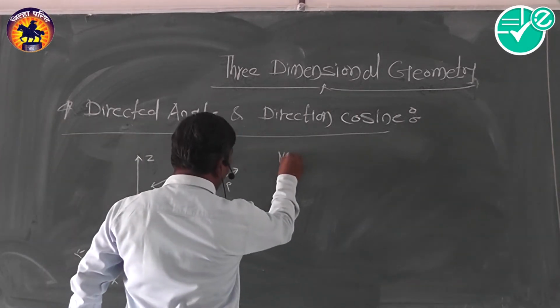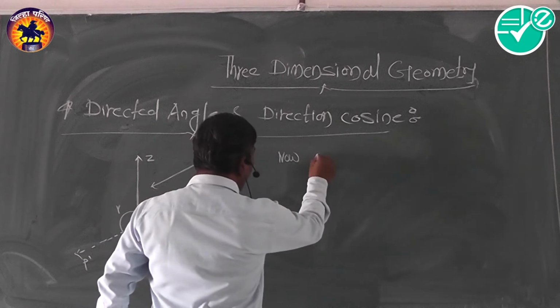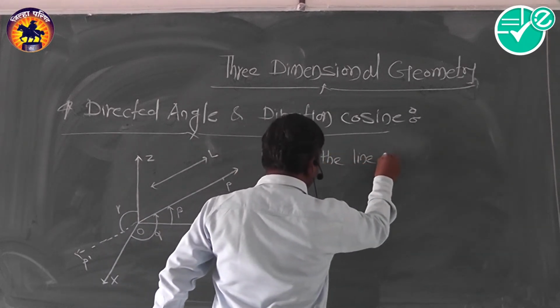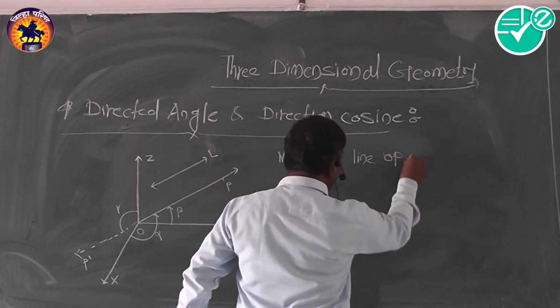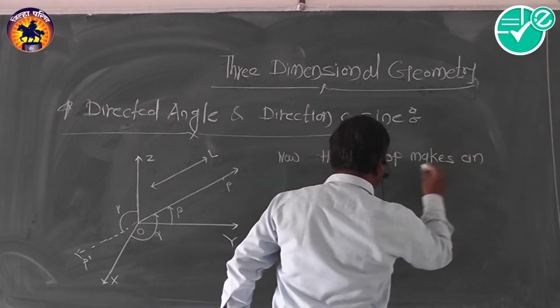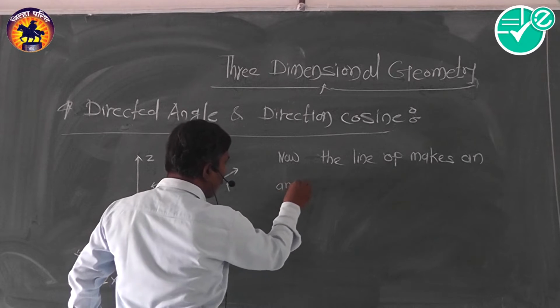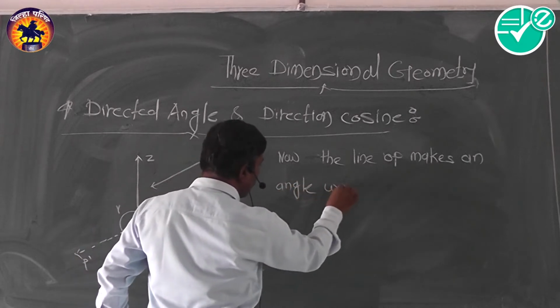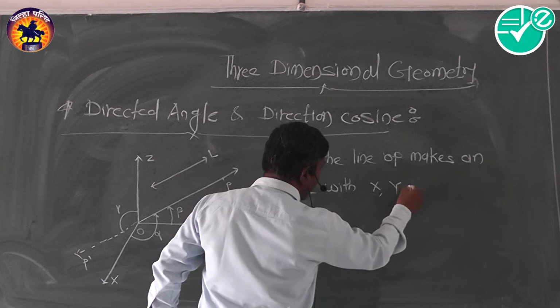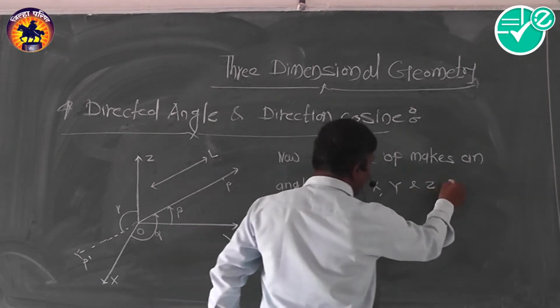Now the line OP makes angles alpha, beta, and gamma with the x, y, and z axis.